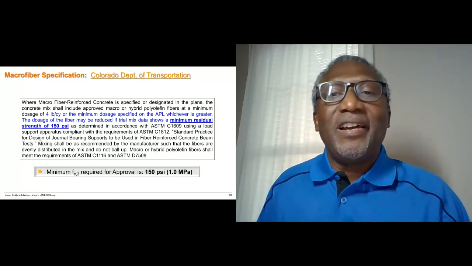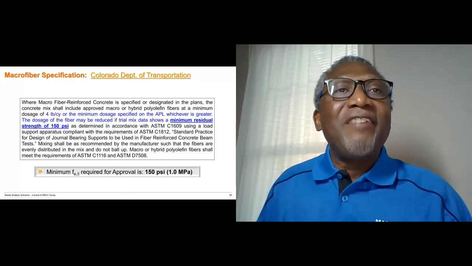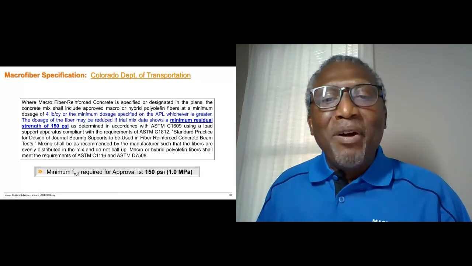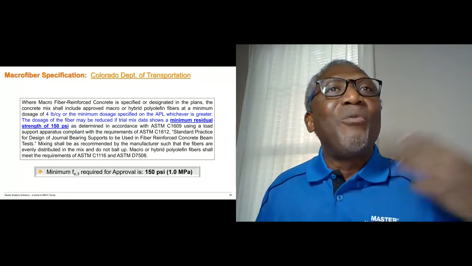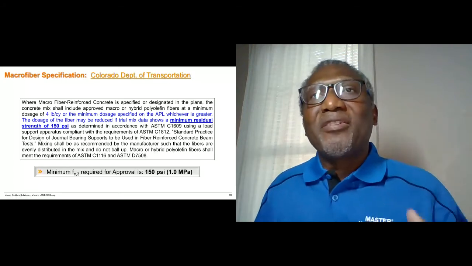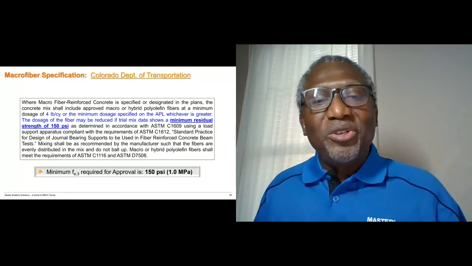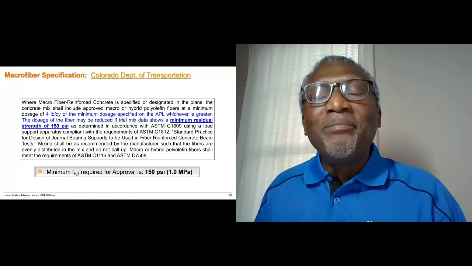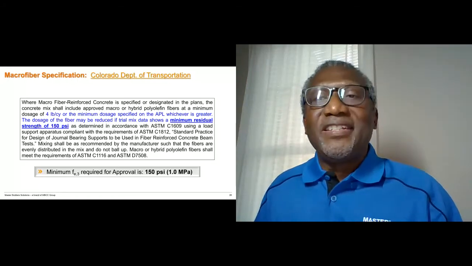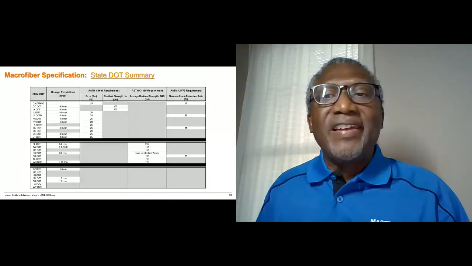So this is what it is. And their requirement is that the minimum FE3 has to be 150 PSI. And once again, the Fiber Reinforced Concrete Association worked with them to develop this specification. And I would like to offer that assistance to any entity that would like it.